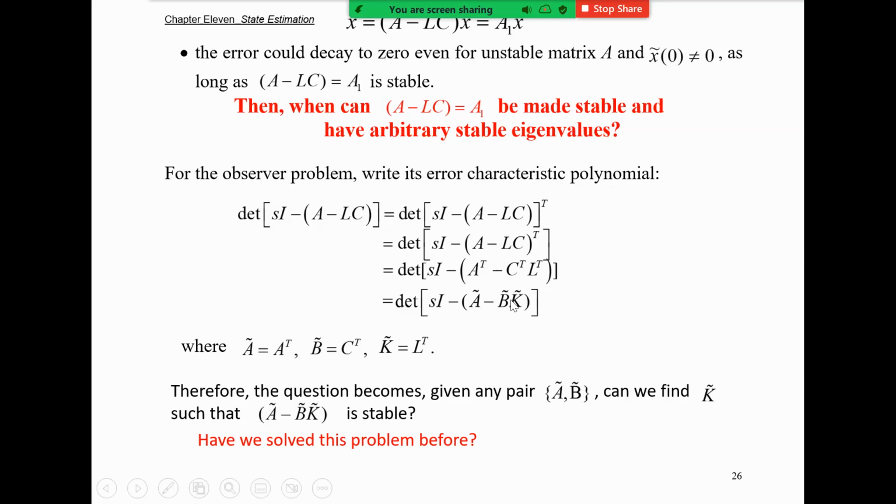You are given matrix A and the control vector B, and you are trying to find a matrix K to place the poles of A minus BK anywhere we like. And you know how to do it. So we already solved this problem. The observer design problem is just a pole placement problem.